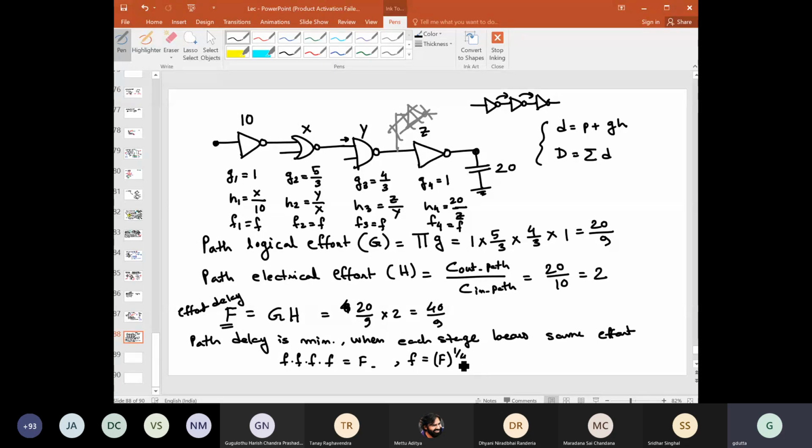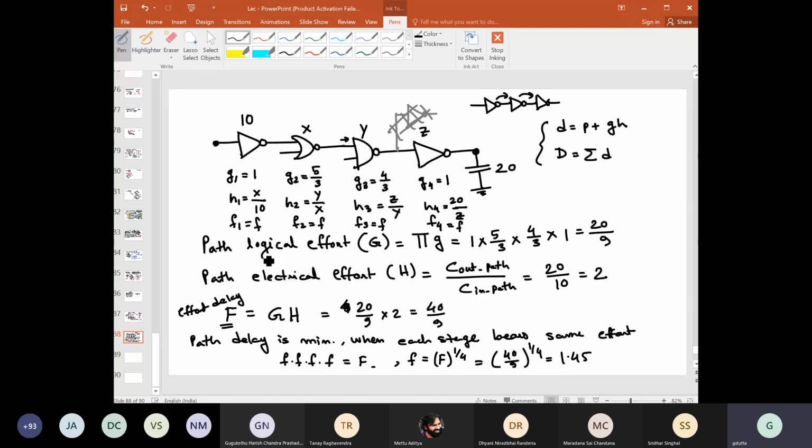In general, it will be F to the power 1 by n if the total number of gates is n, or the nth root of capital F, the total path effort delay. We already know the value of this F is 40 by 9, so if we calculate it, it comes out to be 1.45.